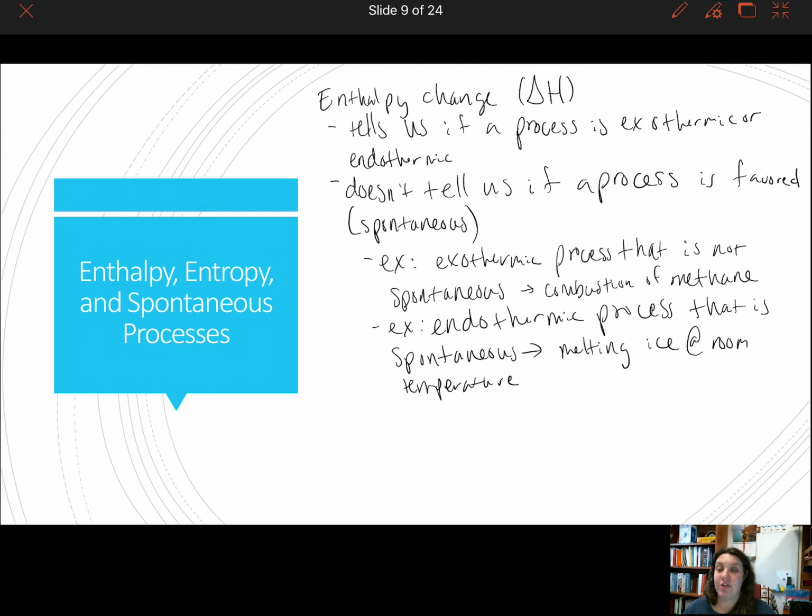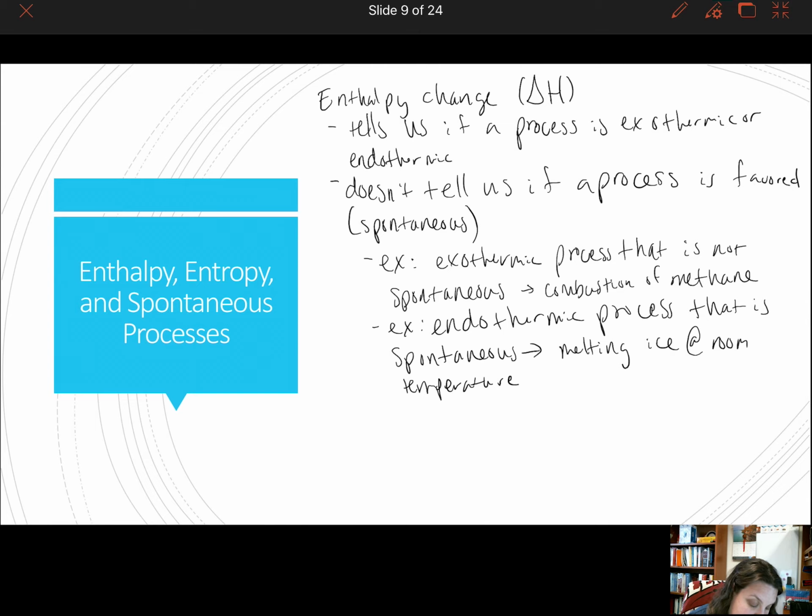This is a process that will cause us to be in a more disordered state, but it requires energy. So this is a spontaneous process that occurs naturally, but it requires energy, so it's endothermic in nature.